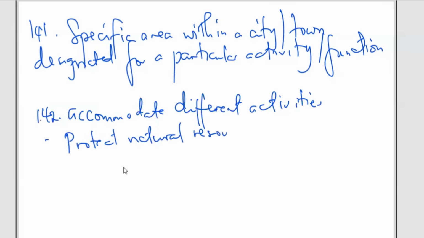For example, we talk of the green belts and recreational parks. They are meant to protect natural resources. We want to protect the vegetation in the urban area. That is why we have the green belts, and also that is why we have the recreational grounds and the recreational parks.